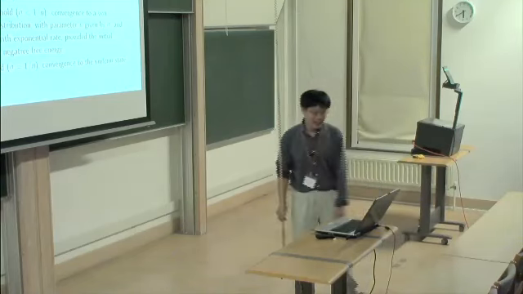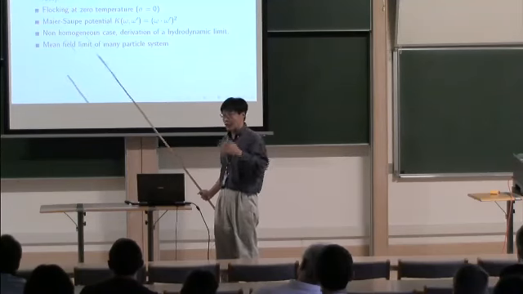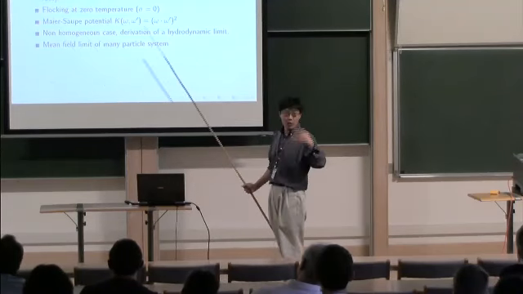Another problem is that we still do not have zero temperature flocking behavior. When converging to equilibrium states, we assume sigma positive, and if sigma goes to 0, many people are studying how the flocking behavior works, because the tools we have here do not work. That's what we are studying.